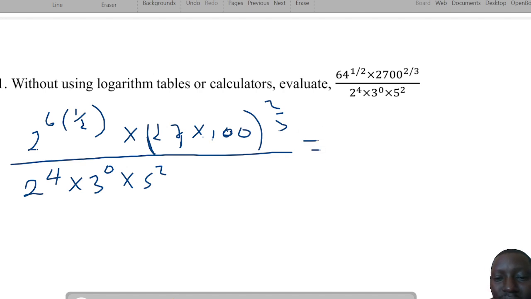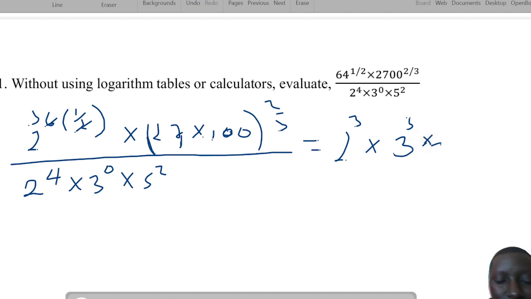So class, I can simplify this already. 2 power 6 times a half: 2 was here once, 2 was here, 8. So I remain with 2 power 3. Then 27 is 3 power 3, then times 100.